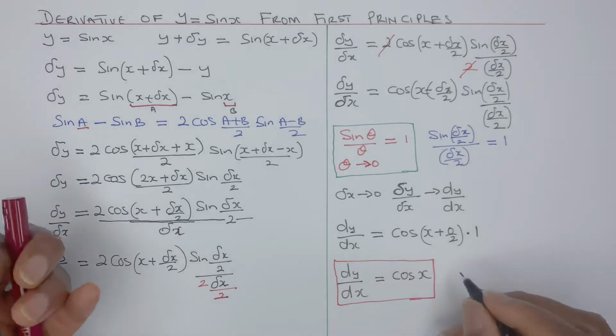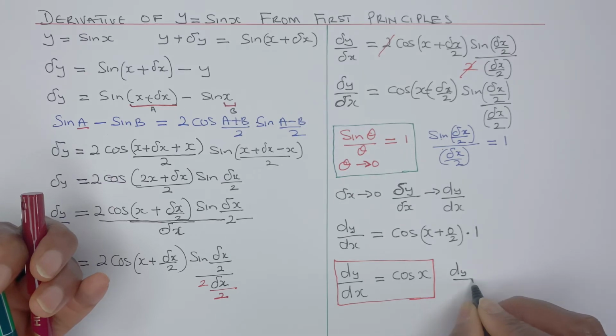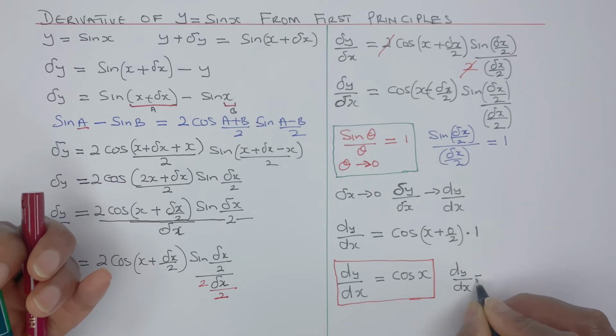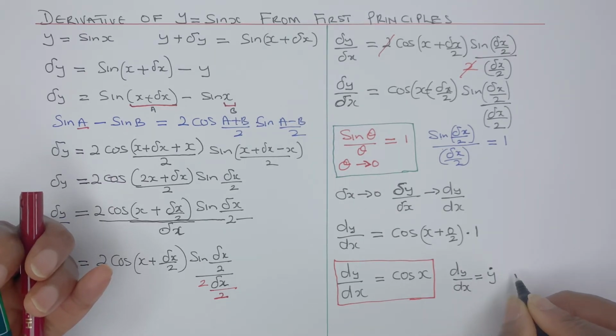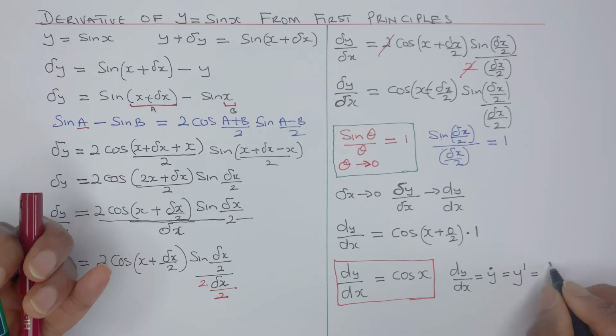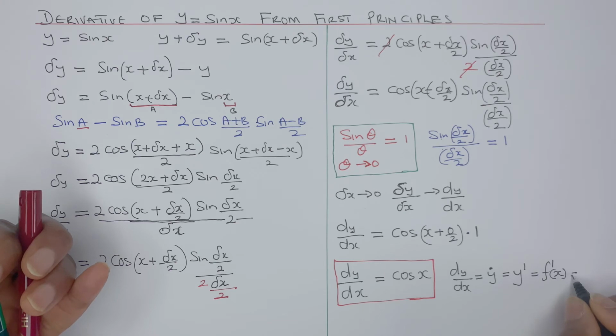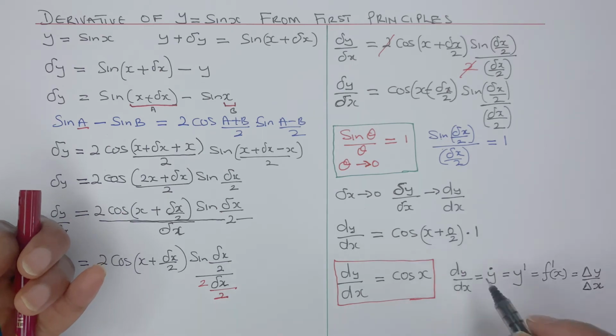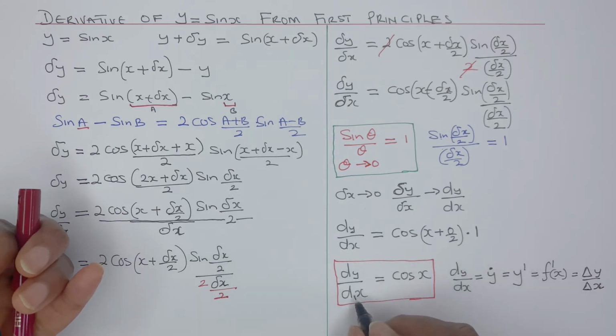Just to remember that dy over dx can also be written as y dot, which is y dash, which can be written as f dash x, or sometimes is written as delta y over delta x, and that is change in y over change in x, which is the rate of change of y with respect to x.